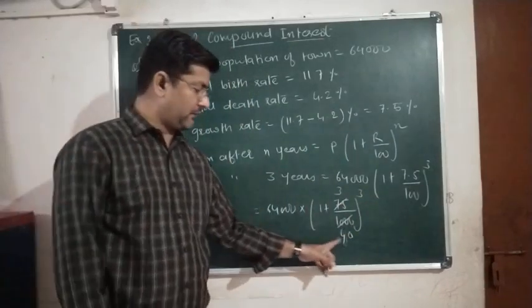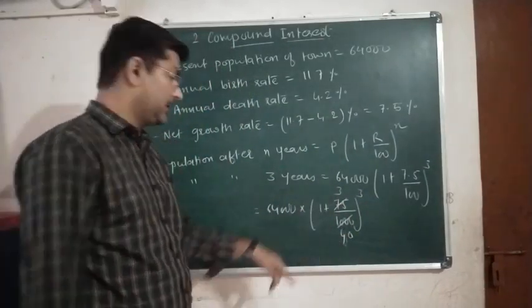Okay, let us further simplify. 40 ones are 40 plus 3, 43. So 43 upon 40.